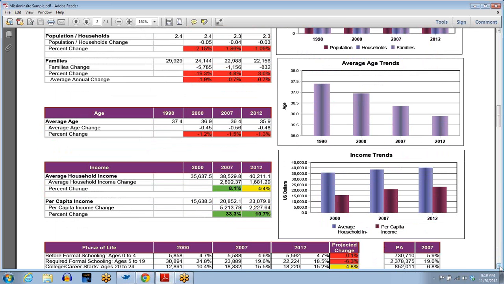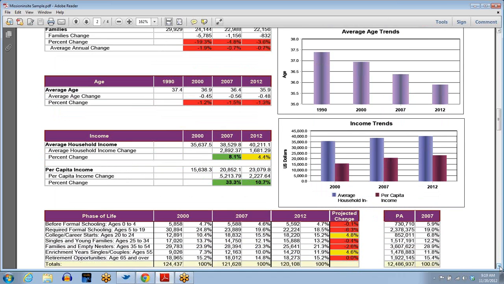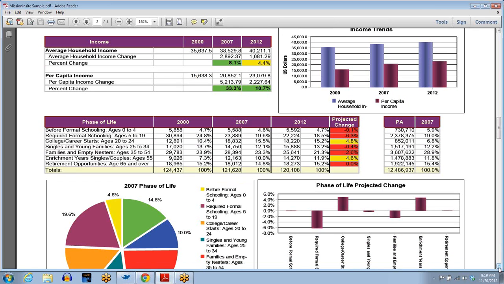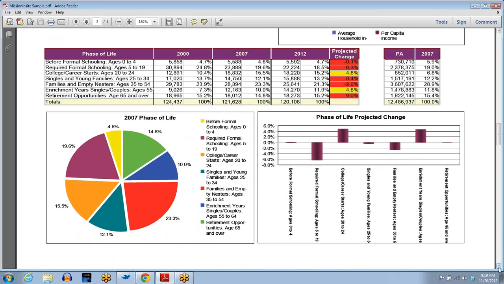They formatted the information differently for you to look at the households and how they're doing per household, looking at the age groups, the phases of life here in the middle, and looking at what the growth is going to be in the comparison. In the comparison charts that they use here, just so you can understand, the green is usually above average, the red is below average, and the yellow blocks would be average.